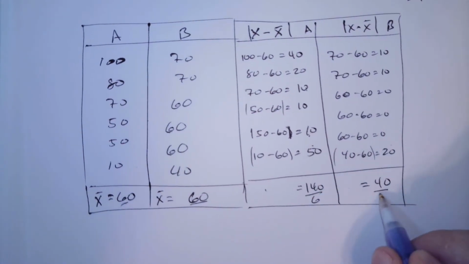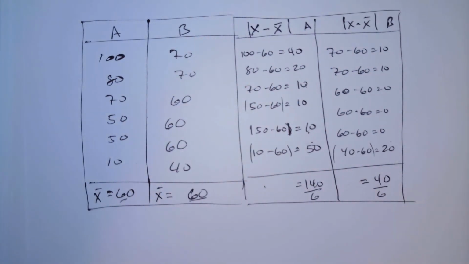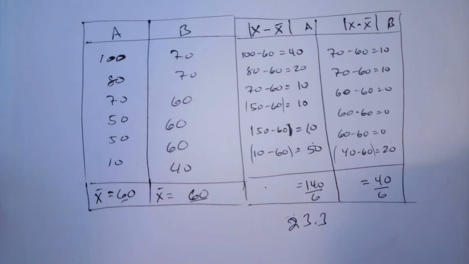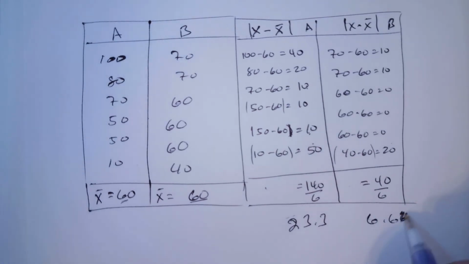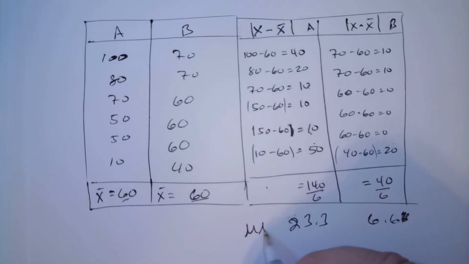Divided by 6, because we have 6 pieces of data. 140 divided by 6 is 23.3. 40 divided by 6 is 6.6. So this is the MAD.